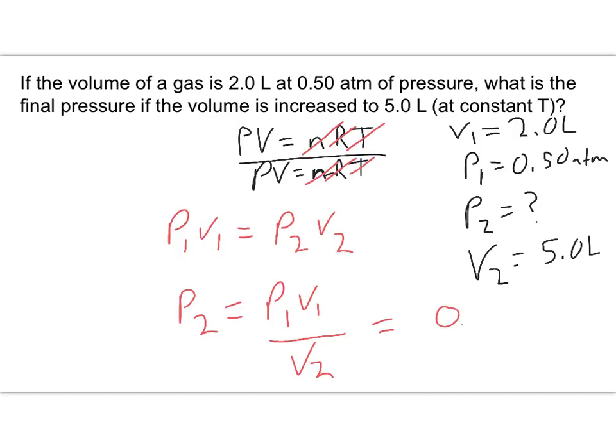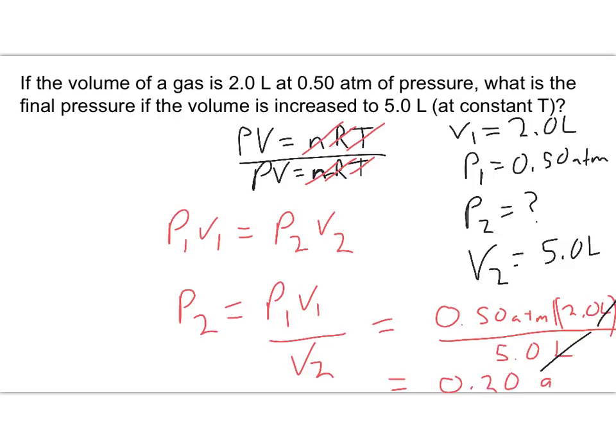So 0.50 atmosphere times 2 liters divided by 5 liters. The liters cancel, and we're left in pressure. That will be 0.20 atmosphere.